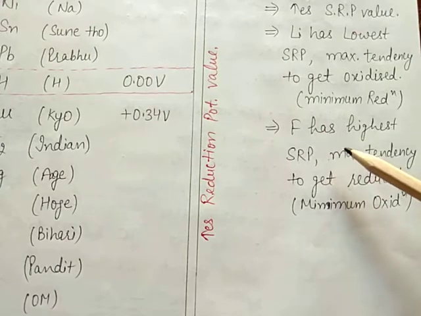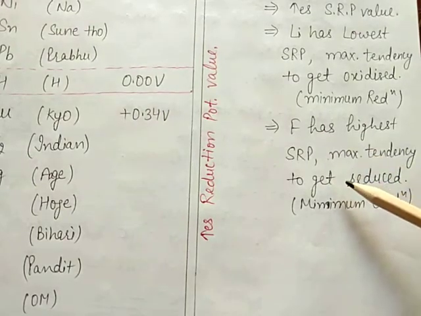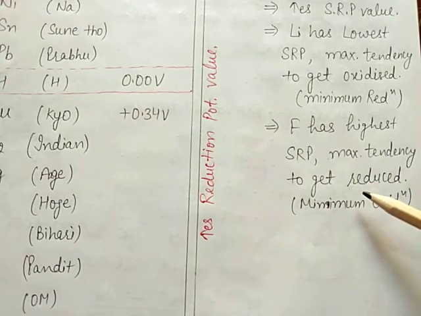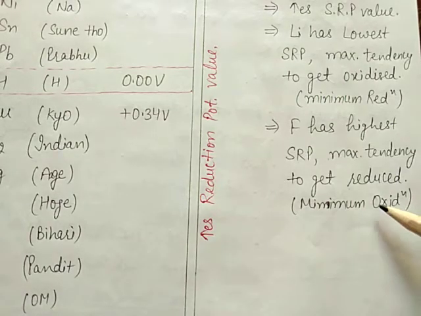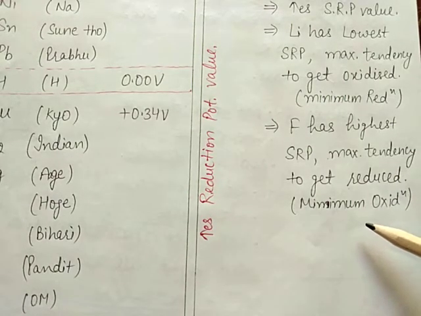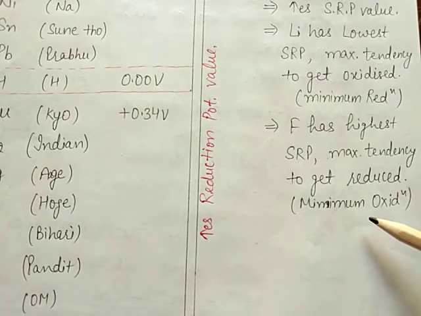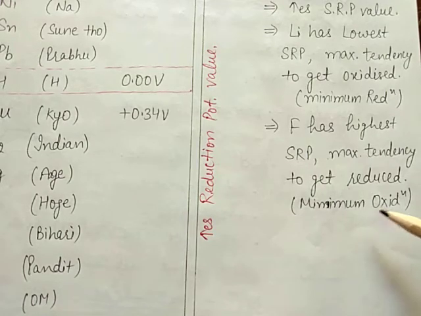Now, with the help of this electrochemical series, we can easily determine whether the given cell is feasible or not, means spontaneous or not. With the help of this series, we can easily find out which element is to be placed at cathode or anode.